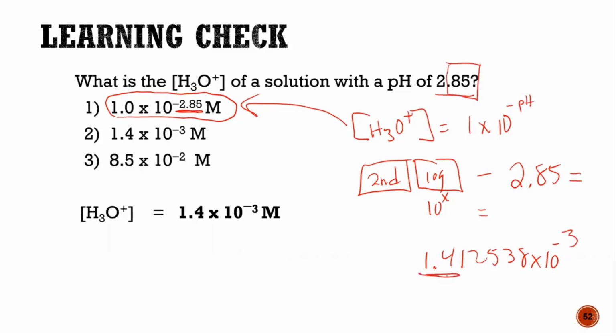There's 2 sig figs after the decimal, so I only want 2 sig figs, so that's why it's 1.4 for the concentration. But I don't know, Lauren, your calculator might have you input it differently. Did that work when you hit it this way?